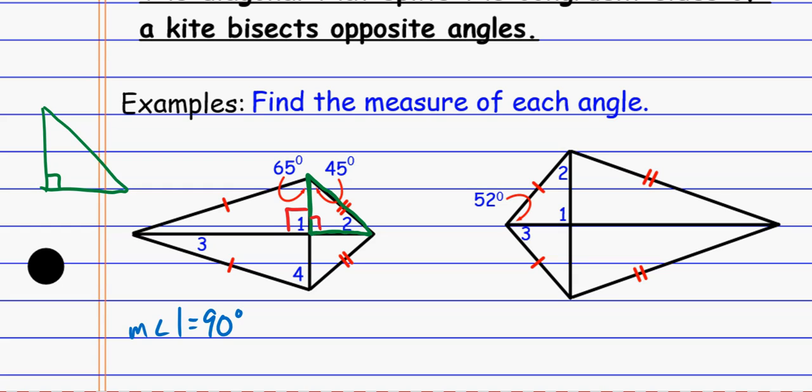And then I also know that this angle up here is 45 degrees. So really all I need to do is find that missing angle. The 3 angles inside a triangle add up to 180. I already have 135 degrees, so I just need to subtract and find what's left. Well, it's another 45-degree angle. So the measure of angle 2 is going to be 45 degrees.